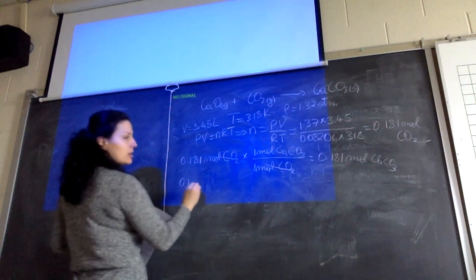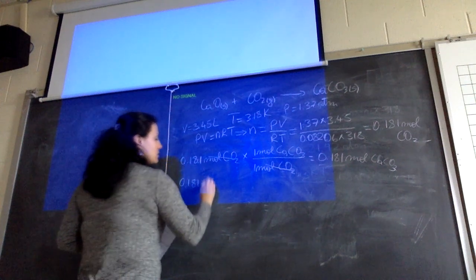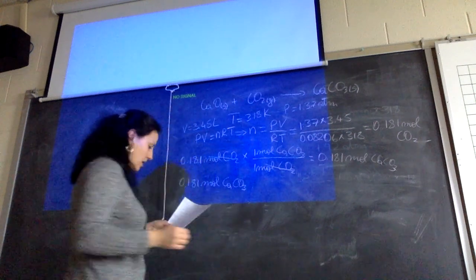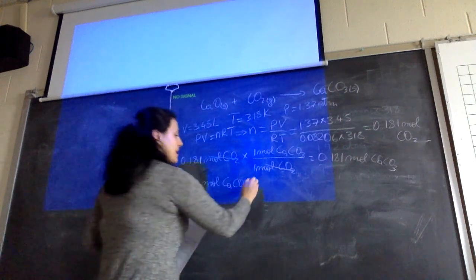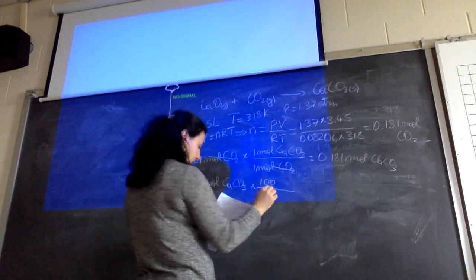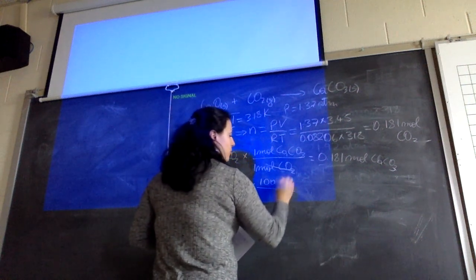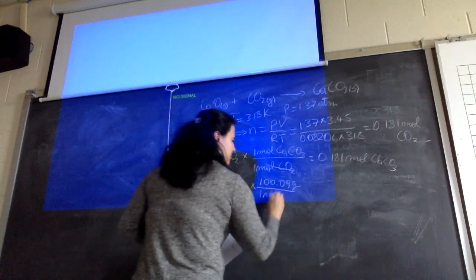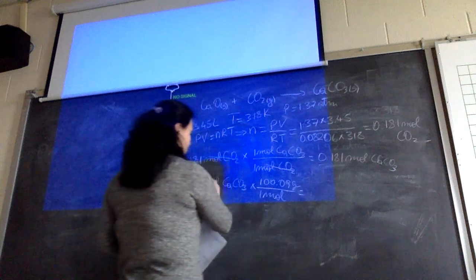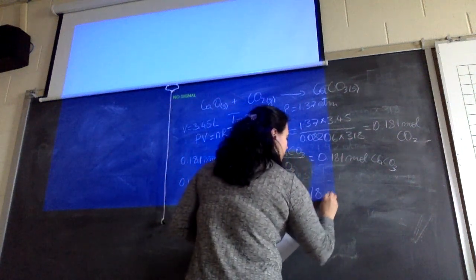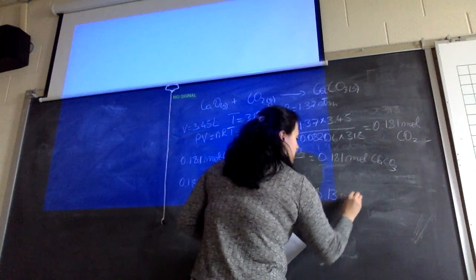So 0.181 moles of calcium carbonate, and you multiply that by, I know 1 mole of calcium carbonate weighs 100.09 grams. My moles will cancel out, and you should get 18.13 grams of calcium carbonate.